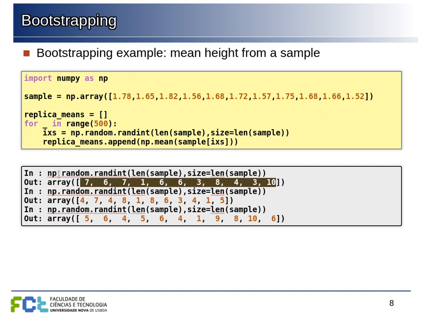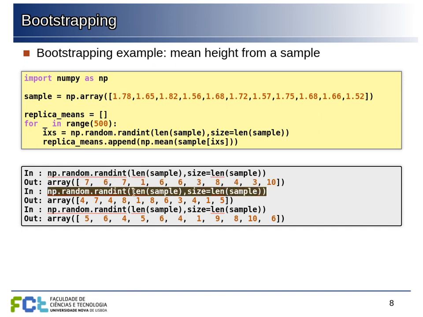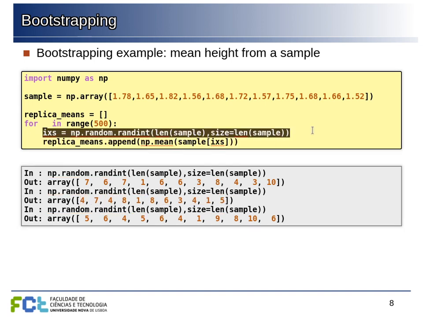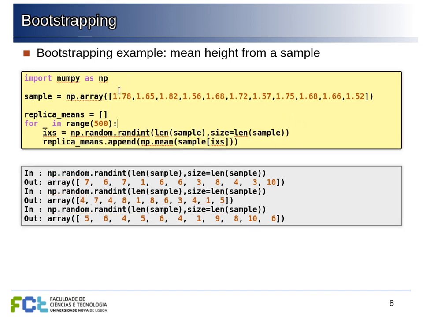So this gives us a random set of indexes for this sample that we have here. Each time we run this function, it returns a different set. So this is why we're going to use these random functions, so that we can call them over and over again, and we get a different set of indexes, so a different replica of this sample that we have here.